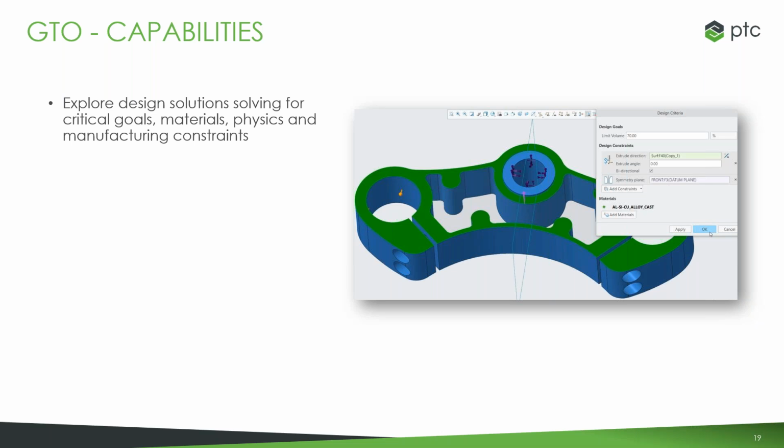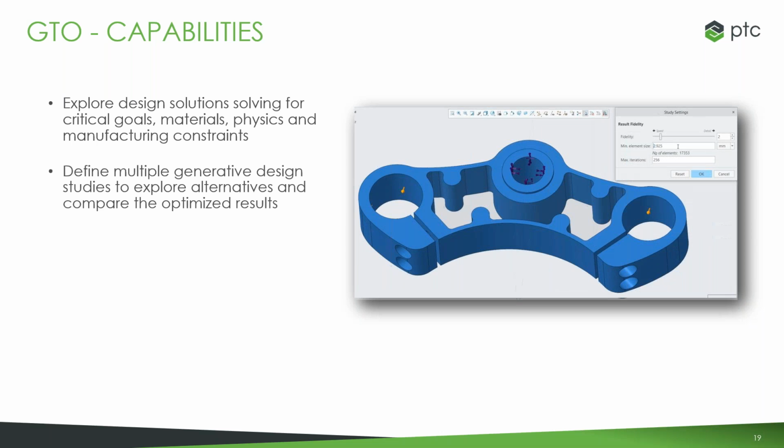It allows you to try different materials, physics, and manufacturing constraints and automatically create that geometry. That allows us to try out many different generative design studies, explore all kinds of new design alternatives, and then compare the results between each of those to work towards the optimized design.